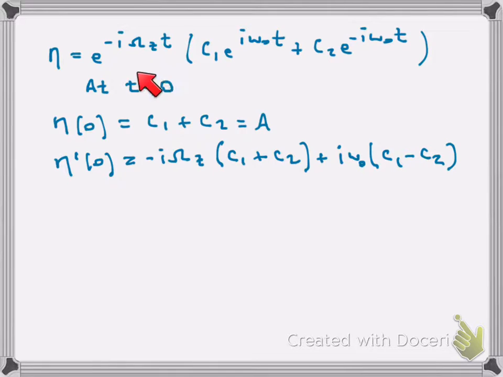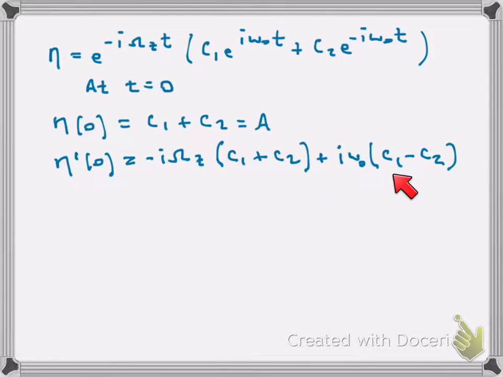And then I have plus the first term evaluated at 0, which is just 1, times the derivative of the inside of these parentheses, which pulls out an i omega naught times c1, with the exponential at t equals 0 being 1.